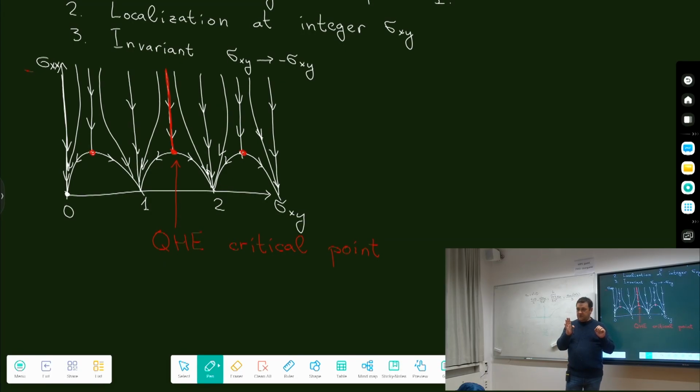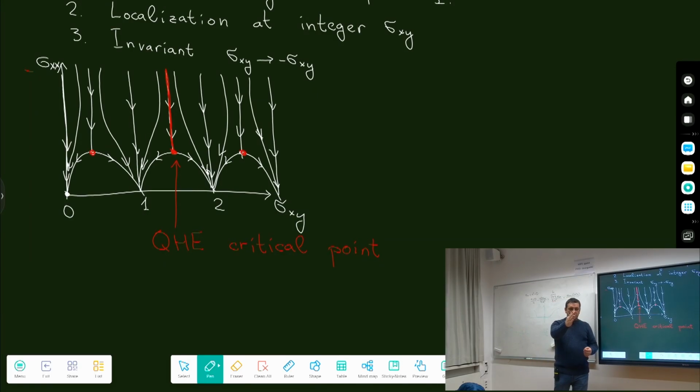It's a critical state with a finite value of sigma xx, which signifies that not all states are localized. This is what I said from the very beginning. When you approach the middle of the Landau level, there is a delocalized state there. Therefore, the system is not insulating. It still has some longitudinal conductivity at this point.